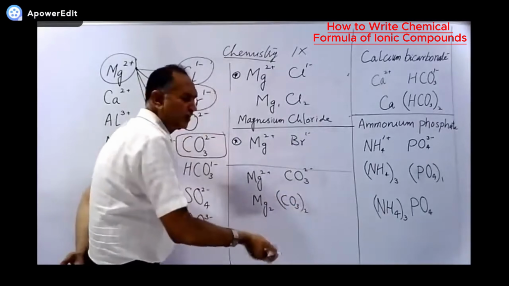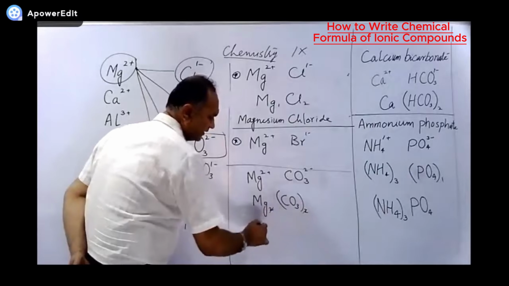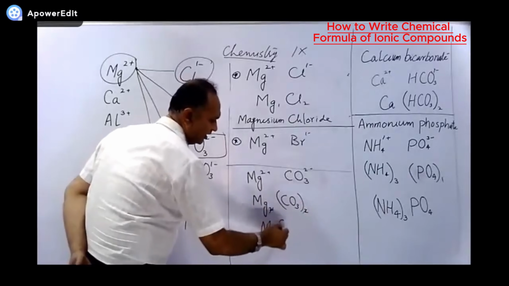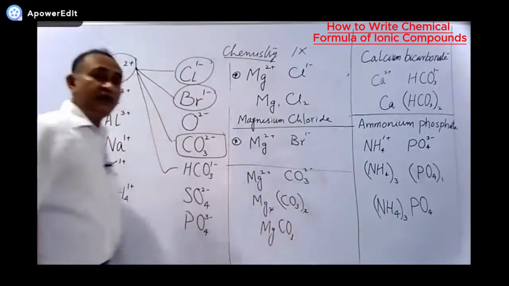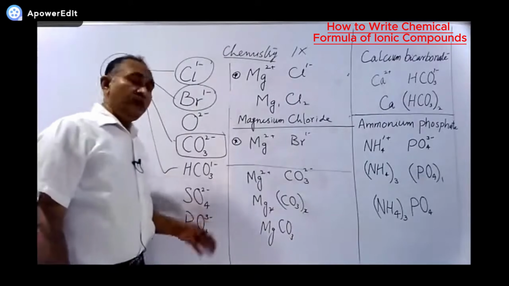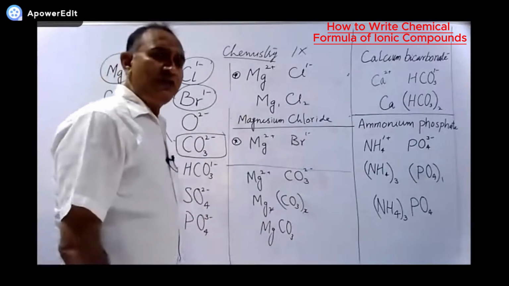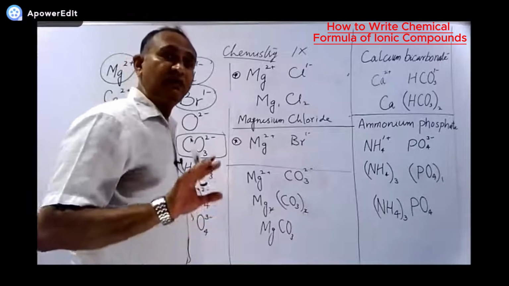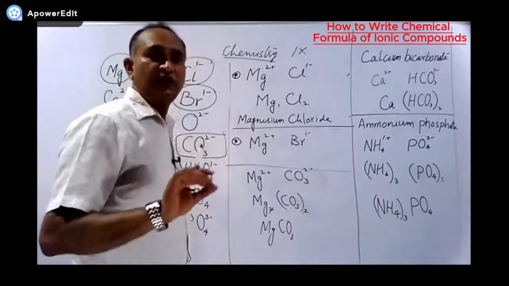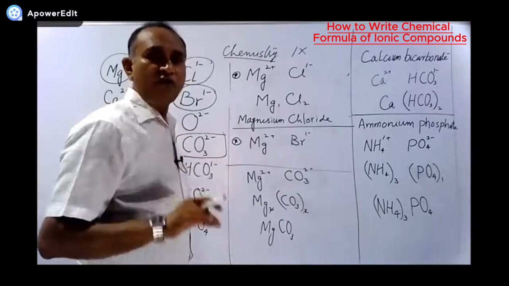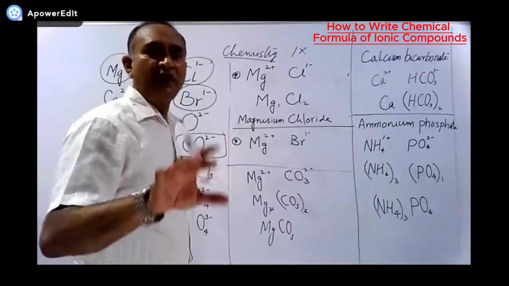When you have practice, you can skip a few steps. MgCO3. Okay? So you will continue doing it until you feel that you know how to make chemical formulas of ionic compounds.